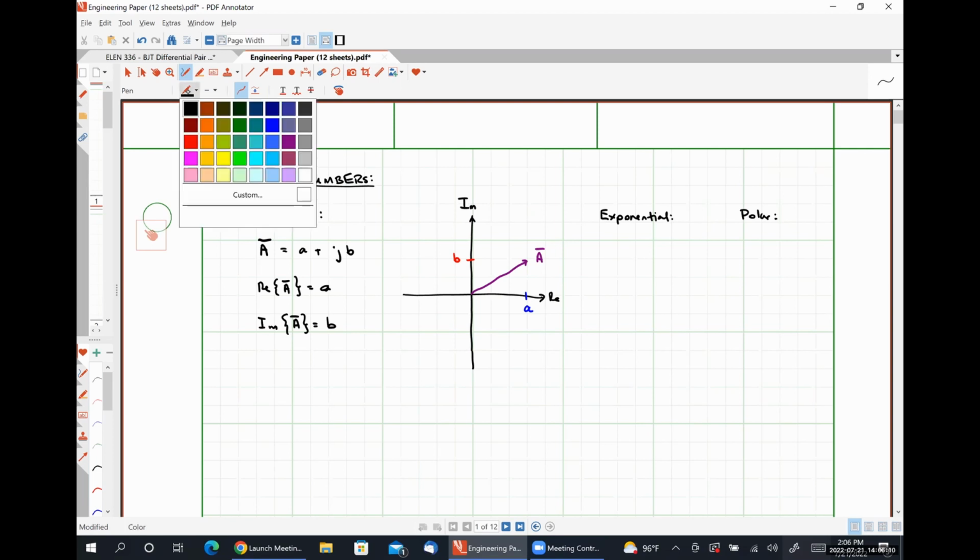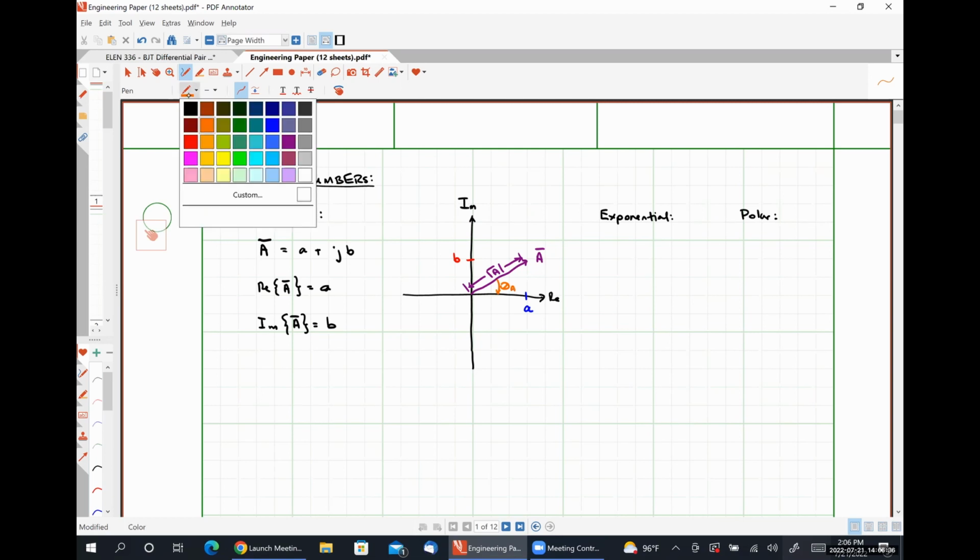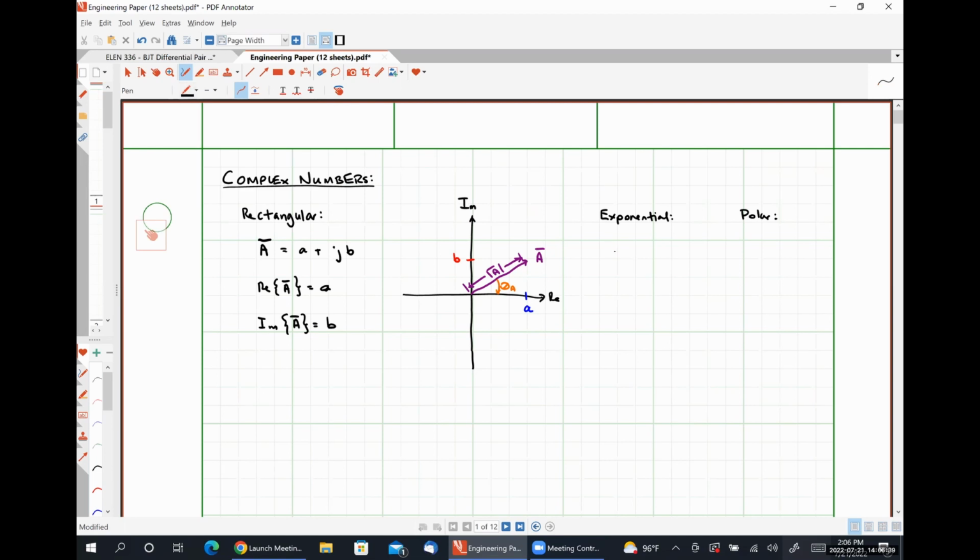So our two-dimensional vector here has some length. We're going to call this the magnitude of A, and it forms some angle, theta A, with the real axis. So our exponential form of complex number A is simply the magnitude of A, e to the j theta A.